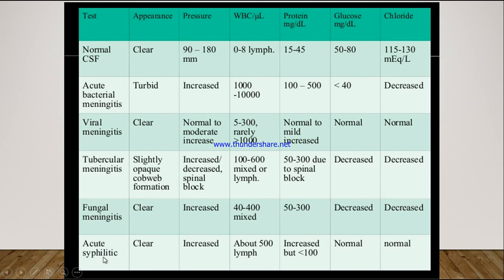And in a patient with acute syphilis, appearance is clear, pressure is increased, WBC about 500 lymphocytes, protein increased but less than 100, glucose and chloride are normal.